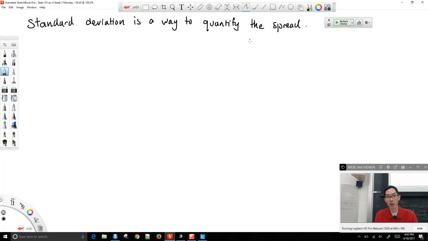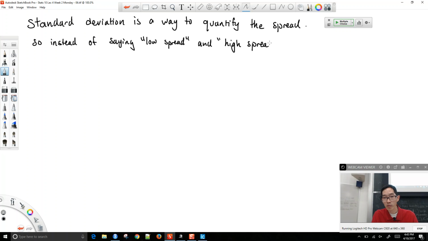So the standard deviation is a way to quantify the spread. So instead of saying low spread and high spread, we can say the standard deviation is 1.4, or the standard deviation is 22, okay?